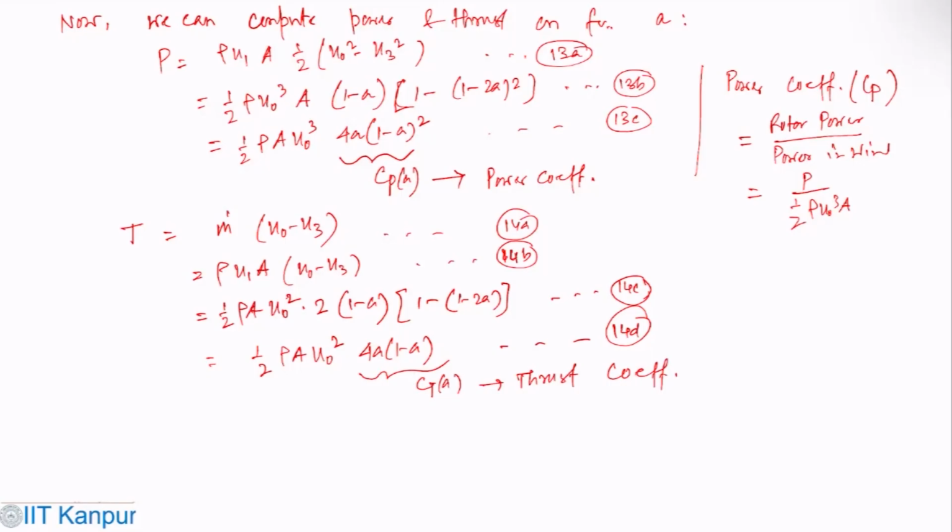If we compare this power coefficient and thrust coefficient, what you can have is that Cp of A equals (1 minus A) Ct of A. So this is what you get.